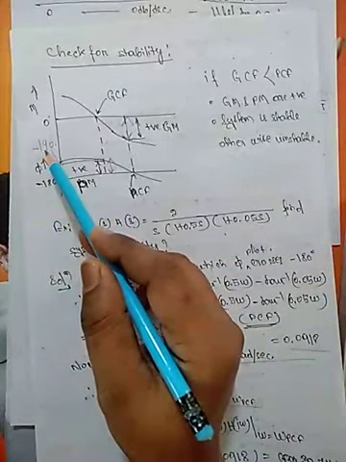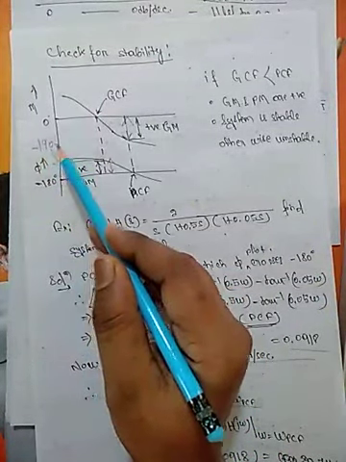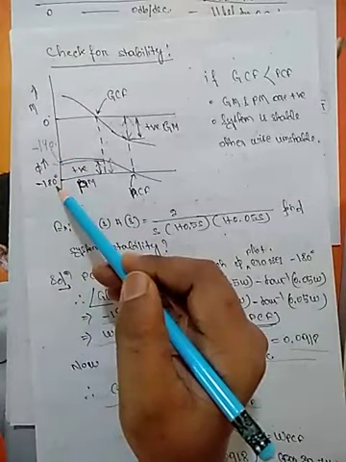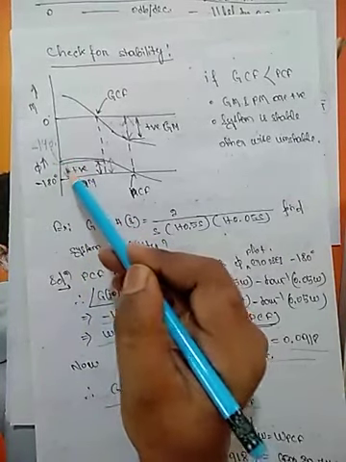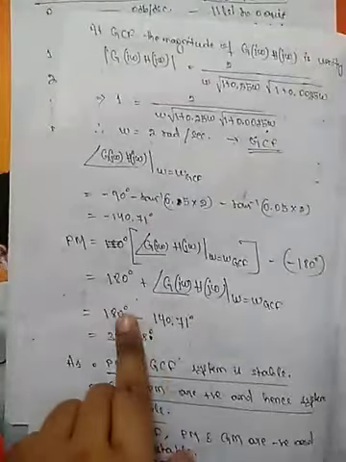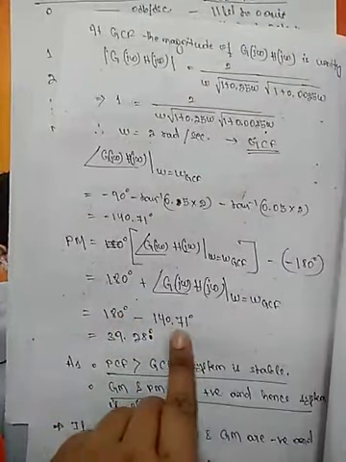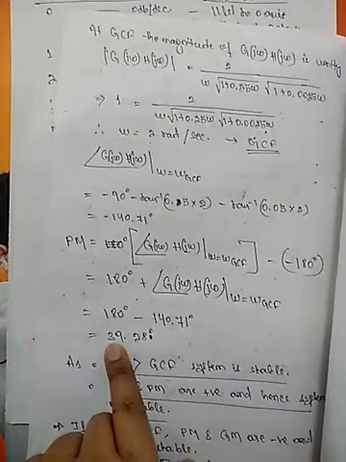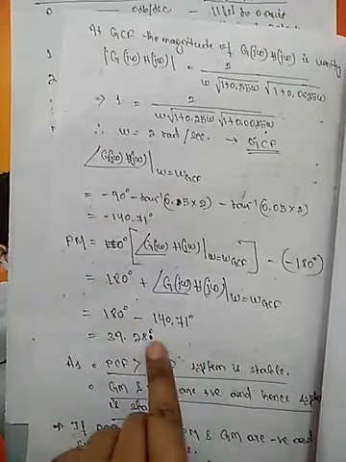So minus 140.71 minus of minus 180 degree; this difference we have to find. Here the phase margin we get is plus 39.28 degree.